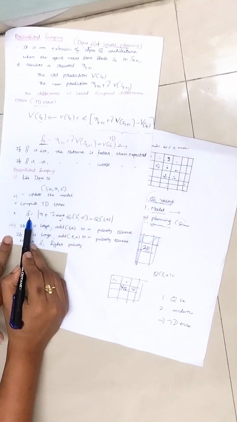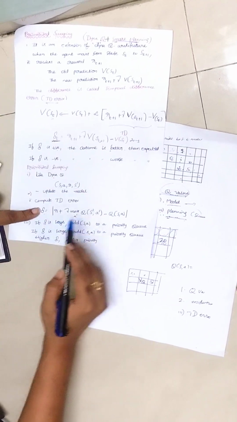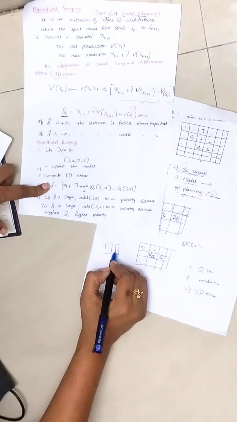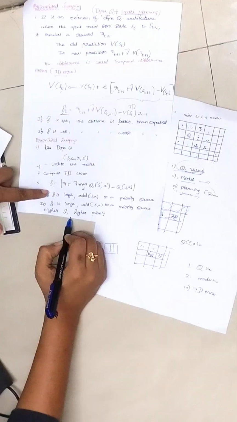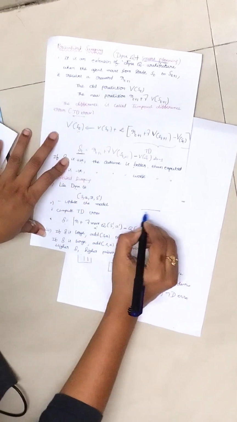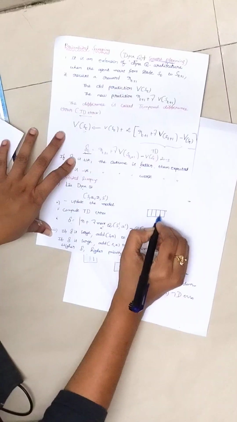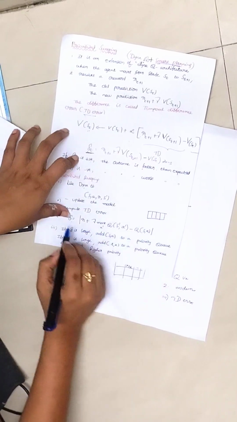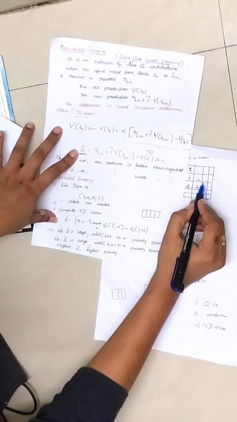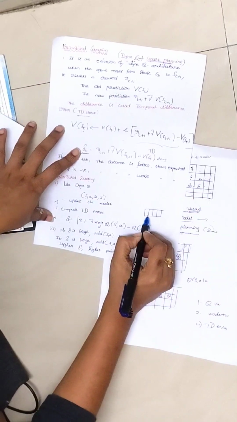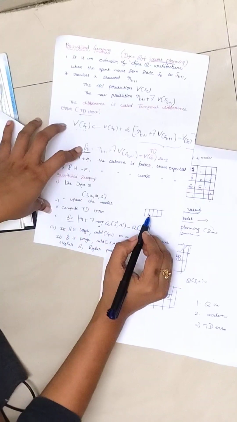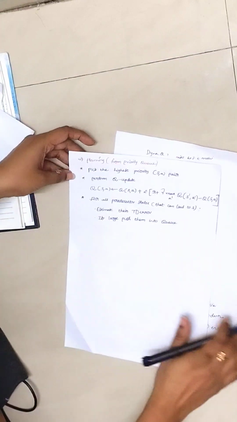If it is very large, then we add this next state action into the priority queue. If it is very small, I do not add it into my priority queue. So in prioritized sweeping we maintain one queue. For the state actions where the delta value is high, I keep those in the queue. If the delta is very small, I do not take the state action into the queue.